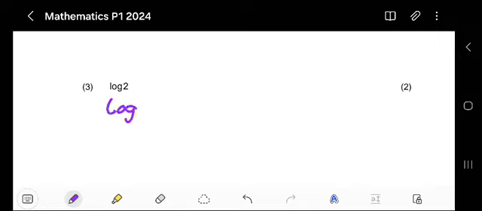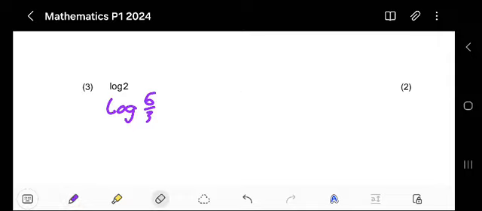I don't have to change anything if I say 6 divided by 3. Remember, 6 divided by 3 is simply equal to 2. We have not changed anything so far.